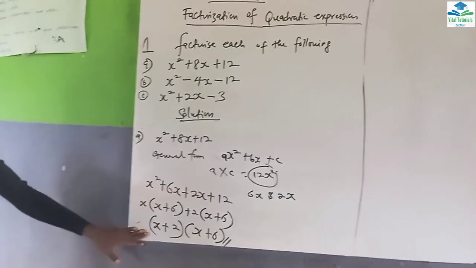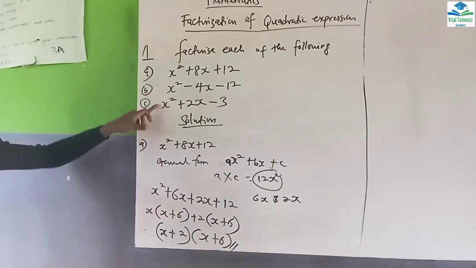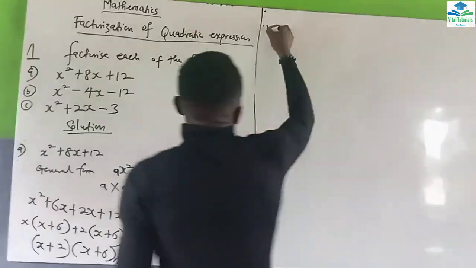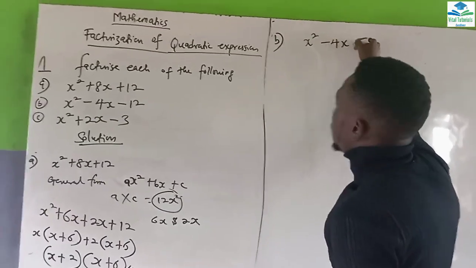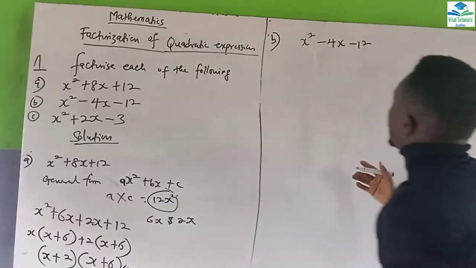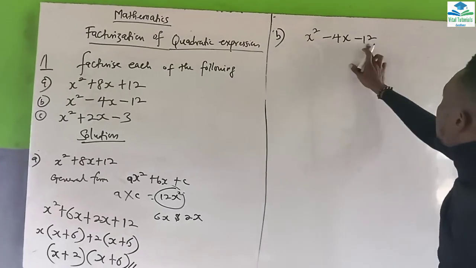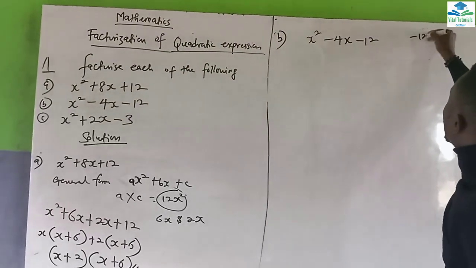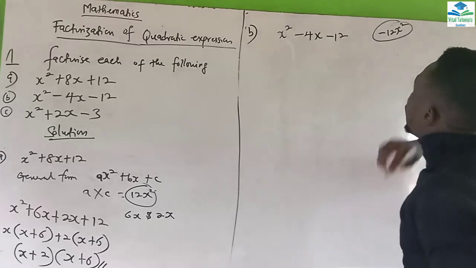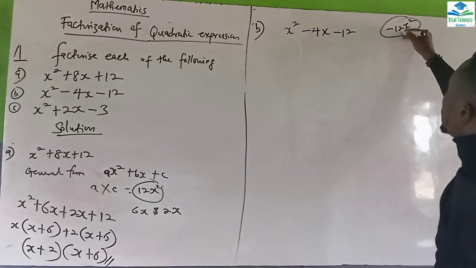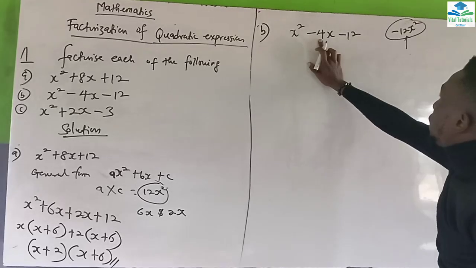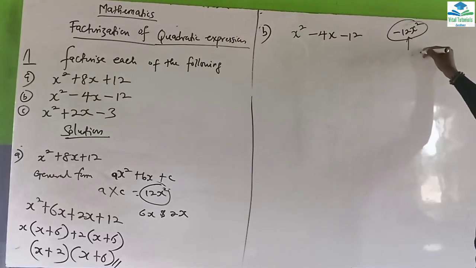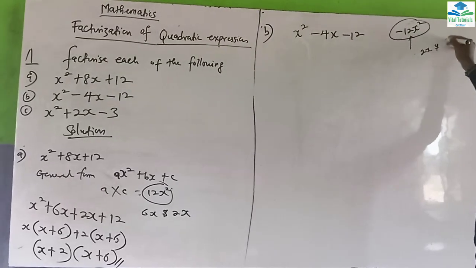Now to make it clearer, we're going to solve two more examples, b and c. For b, you have x squared minus 4x minus 12. The same thing: multiply the first and last terms. You have minus 12x squared. Now I'm going to look for two numbers that if you multiply them, you get this, but if you add them, you get minus 4x. I'm thinking those two numbers will be 2x and 6x.